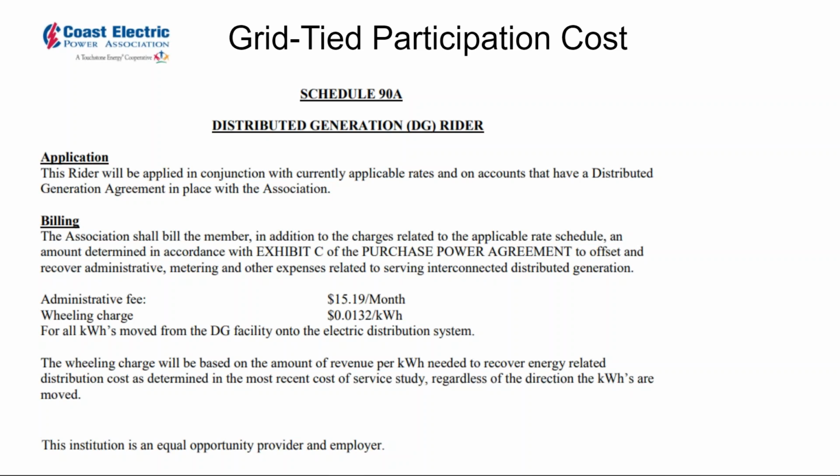So the TVA program, it's called Buy All, Sell All, and either you're forced to sell all of the electricity on a standalone connection to the TVA at something like 60% of retail, or if you want to tie the solar array into your home, the buyback rate is only like 20% of retail.